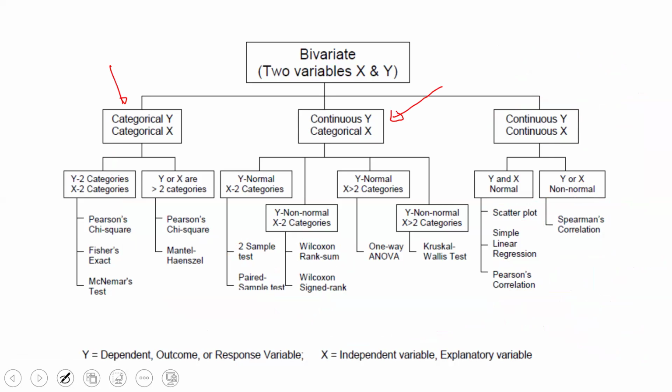If it is not normally distributed, you work with the non-parametric variant. And then there are situations where both independent and dependent are normally distributed. You have scatter plot regression, and then you have your Pearson correlation. And in situations where both of them are non-normal, you have Spearman's rank correlation.